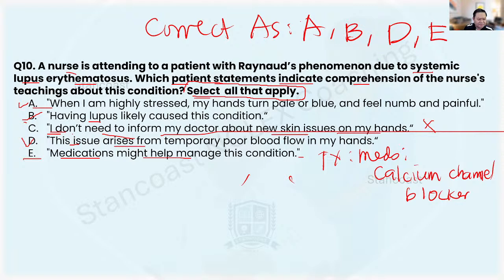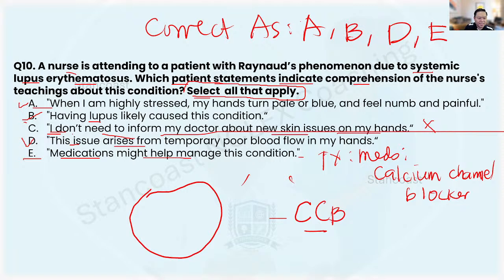So what is the effect of the calcium channel blocker, really? Because sometimes if you're just memorizing the medication name, it will not really stick in your subconscious. So supposing this is your cell, right? The calcium channel blocker will actually block that receptor, and this will prevent the calcium ions from going into the cell.